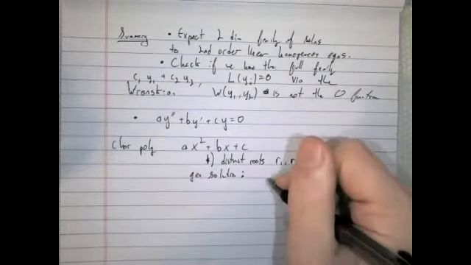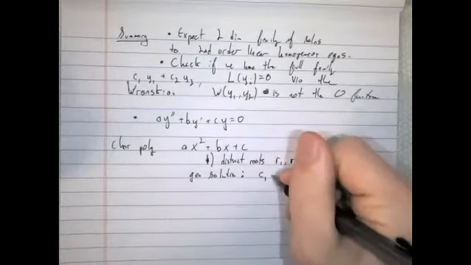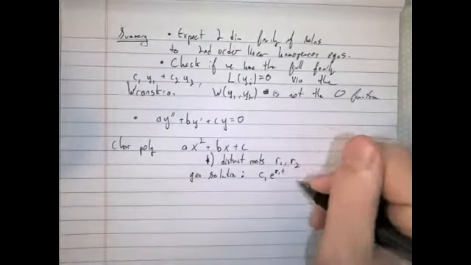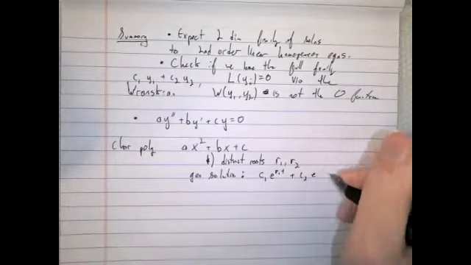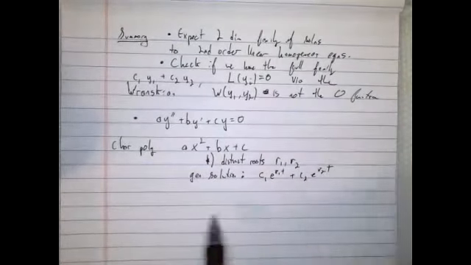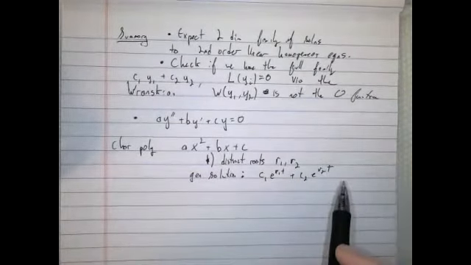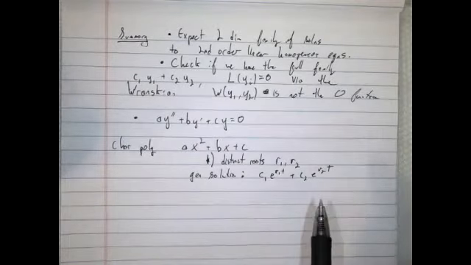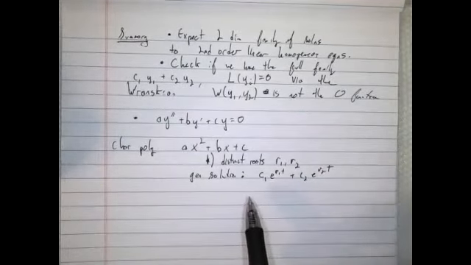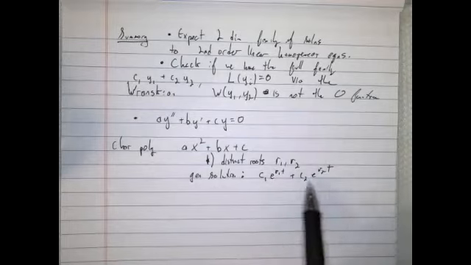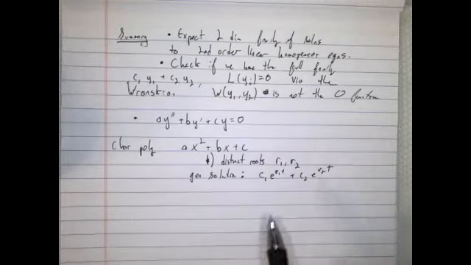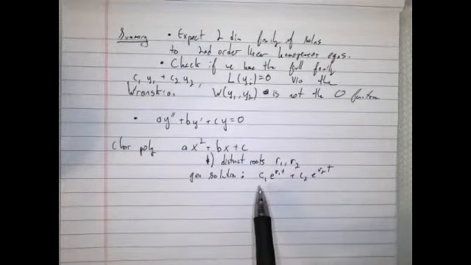Exactly. So the general solution will be C1 e to the r1 t plus C2 e to the r2 t. If you're asked to find a specific solution to an IVP, then you'll plug in and be solving a linear system.